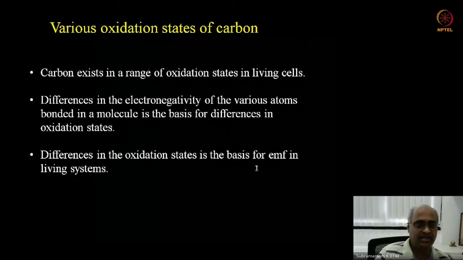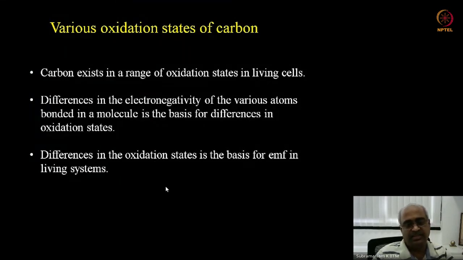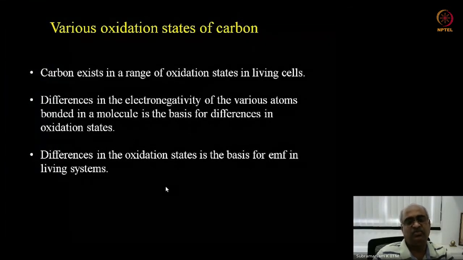Oxygen being the strongest and hydrogen being the lowest. And these differences in the electronegativity, coming from the differences in the oxidation state, therefore is the basis for generating this electron motive force in living systems. So that is how energy flow happens in the living system.